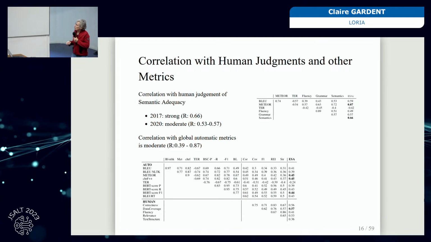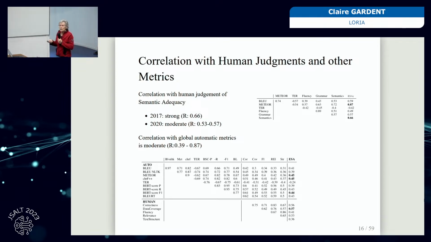So more generally, we compute the correlation of this entity-based semantic adequacy both with human judgments and with the other existing metrics that are used in generation. And the thing we were mostly interested in is how well it correlates with human judgment of semantic adequacy.